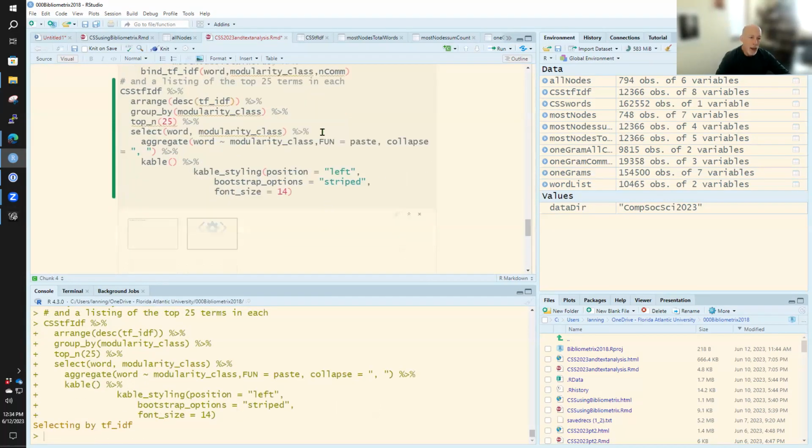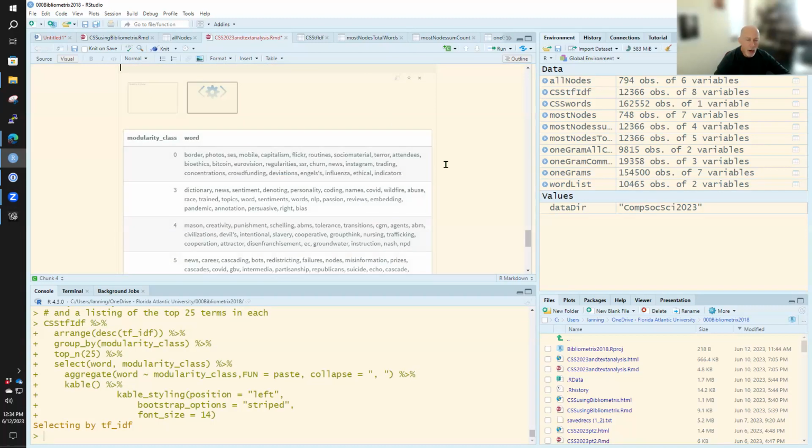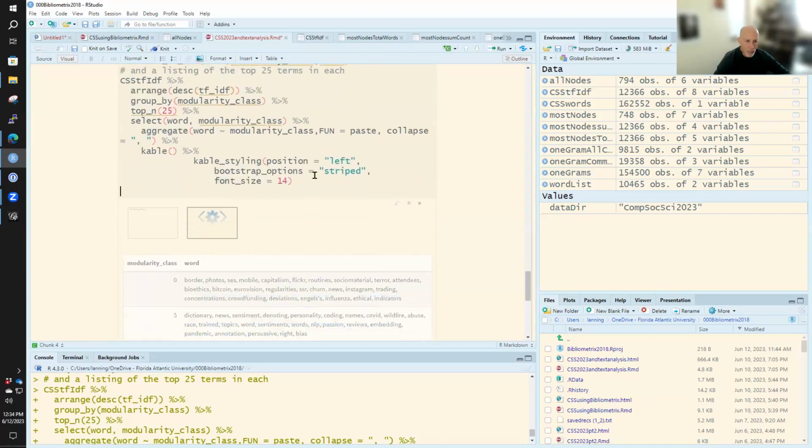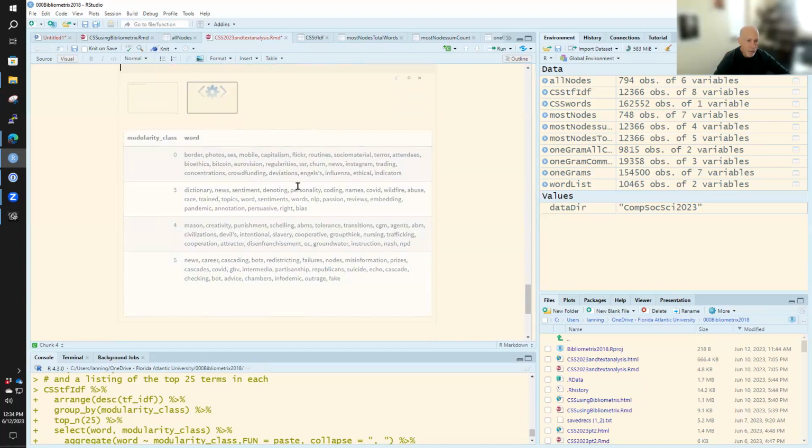And then we're going to do this more systematically, combine this into a table. For our 4 modularity classes that we pulled out here, we have the following. We've got one group of papers which includes terms like photos and Flickr and crowdfunding and Bitcoin and Eurovision.